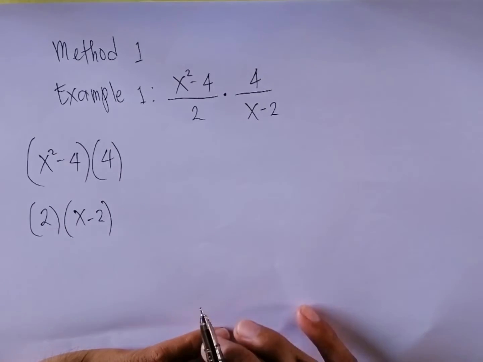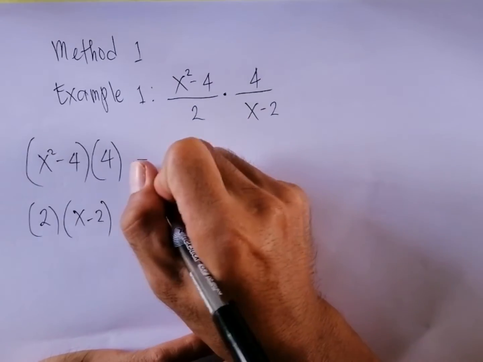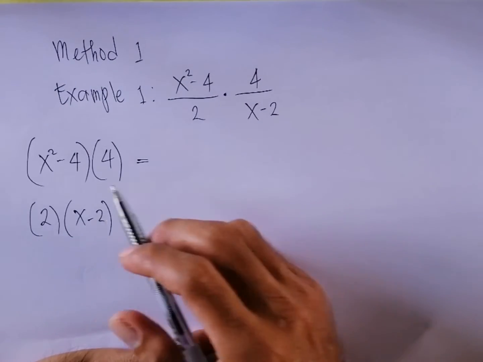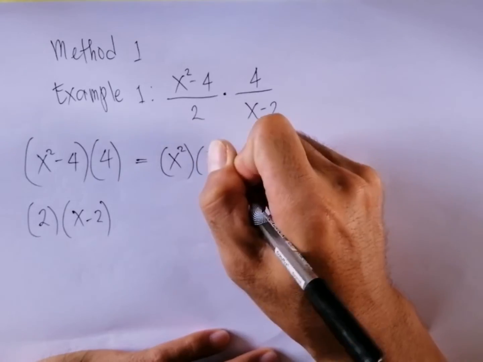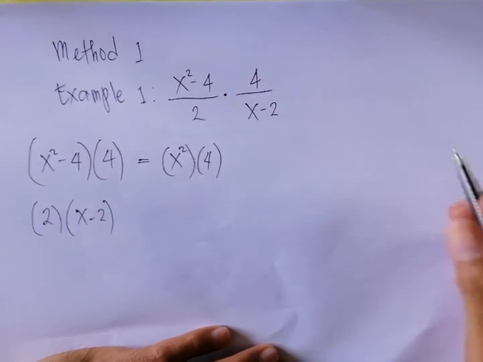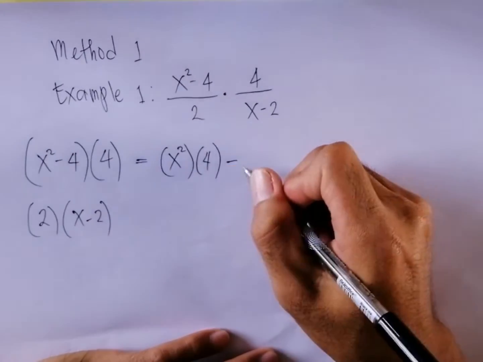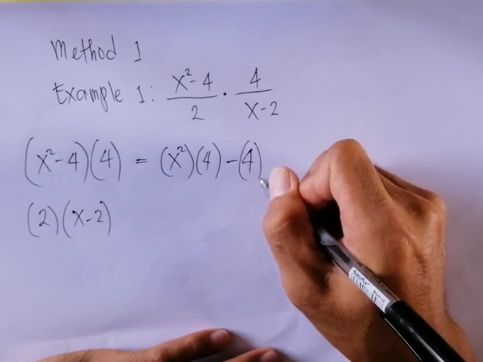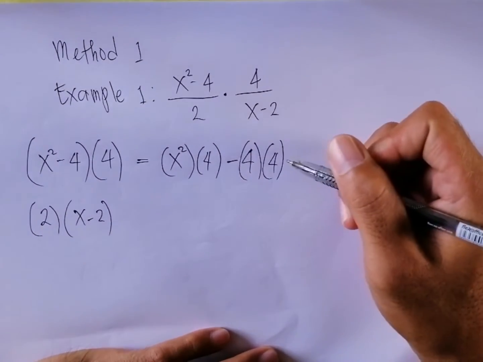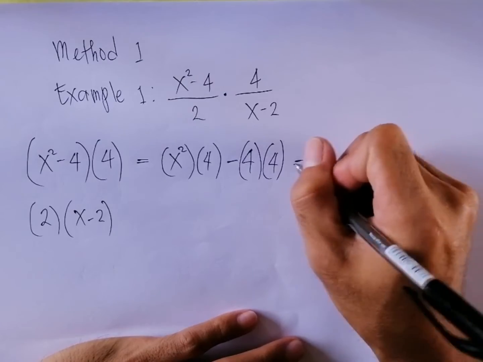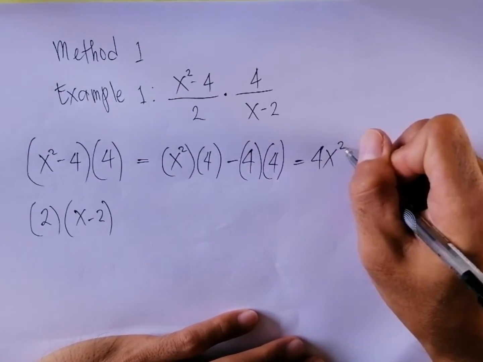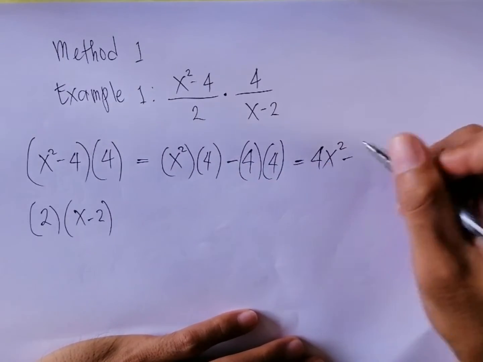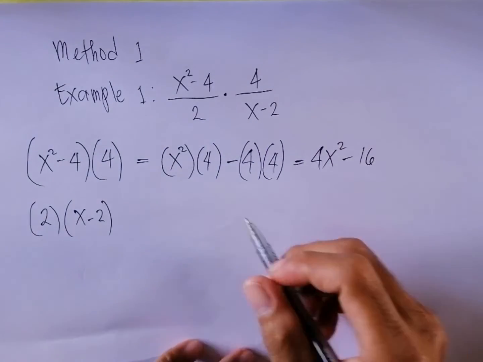So apply the distributive property. So x squared times 4 minus 4 times 4, and that is equal to x squared times 4 is 4x squared, minus 4 times 4 is 16.